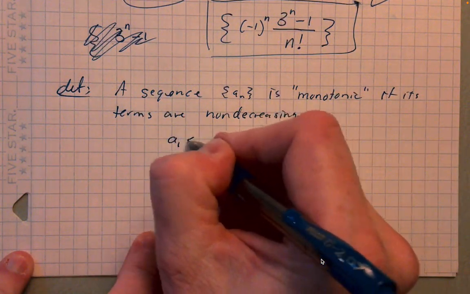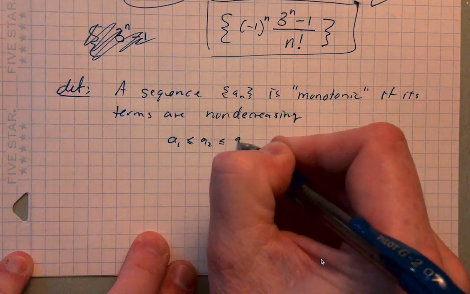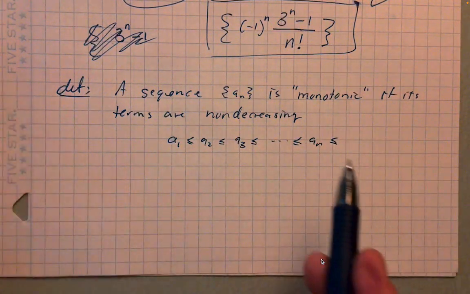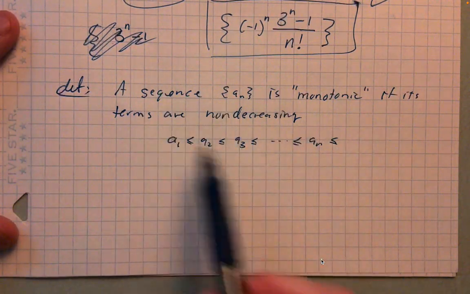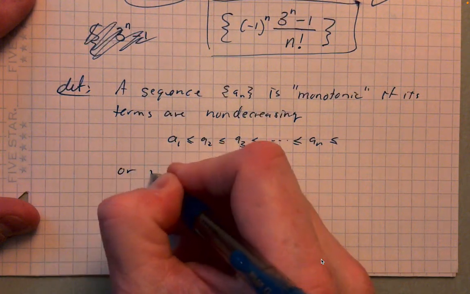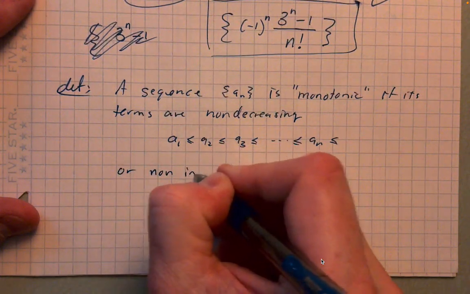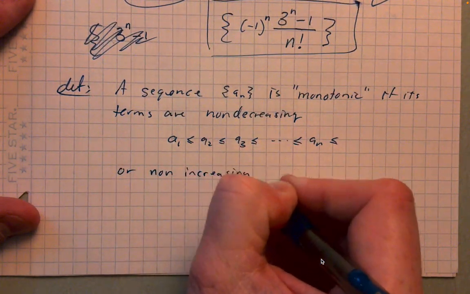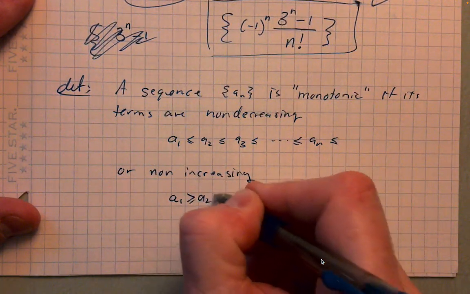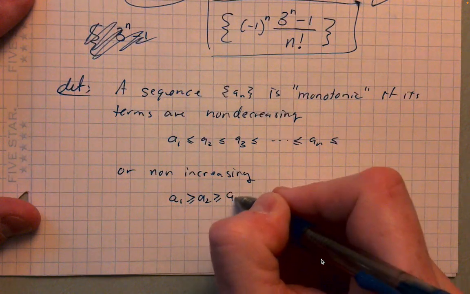Basically, a1 is less than or equal to a2 is less than or equal to a3, right? So it's monotonic if its terms are non-decreasing, or we'll say non-increasing, i.e. a1 would be greater than or equal to a2, greater than or equal to a3, and so on.